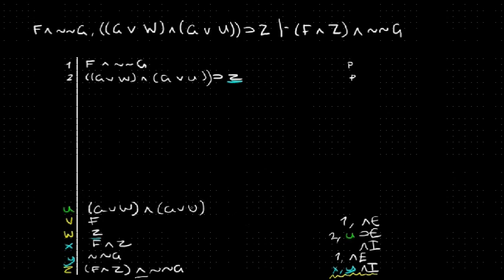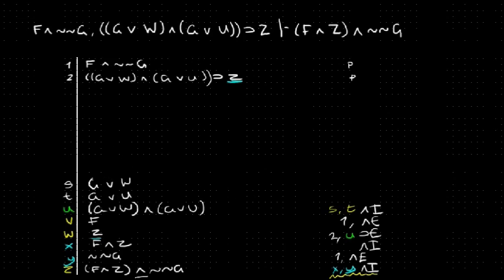Okay, so where are we going to get these 2 things from? What could have introduced this? Well, again, another conjunction introduction, so that means on lines S and T we're going to need g or w and g or u. So we'll say that from S and T we used a conjunction introduction to get this. Where could these have come from?